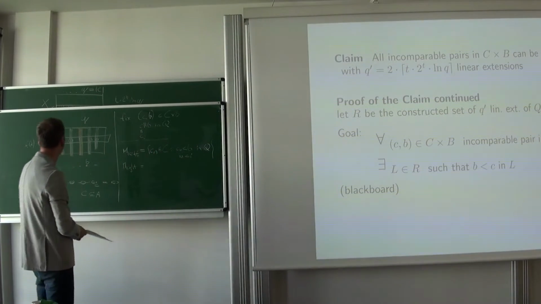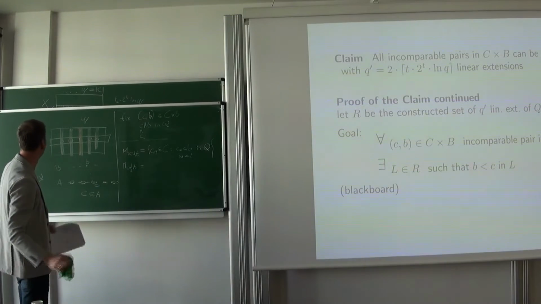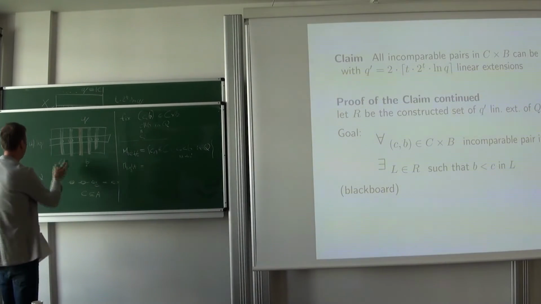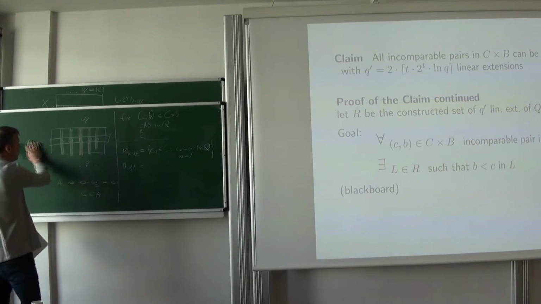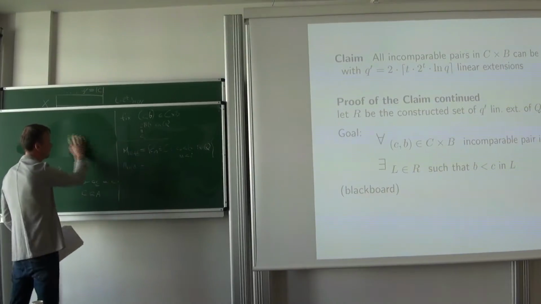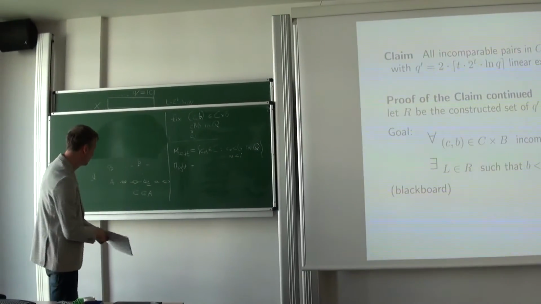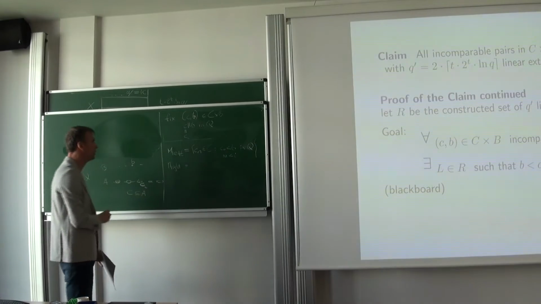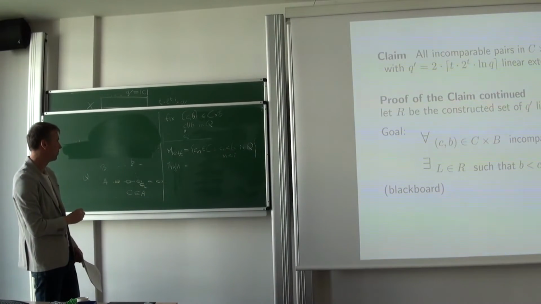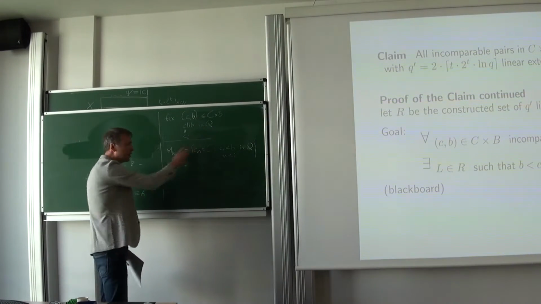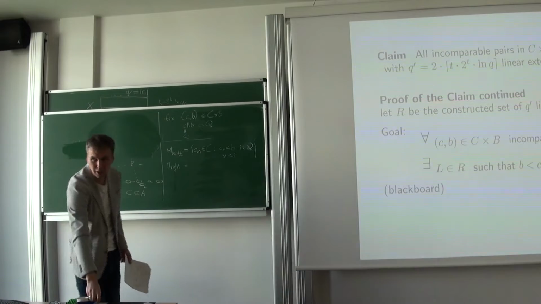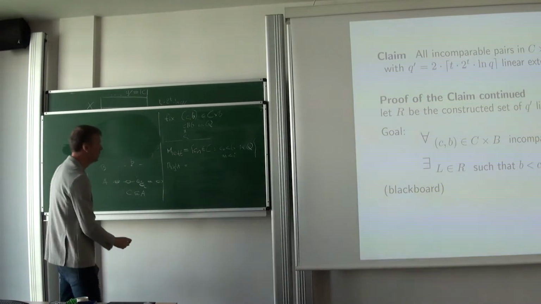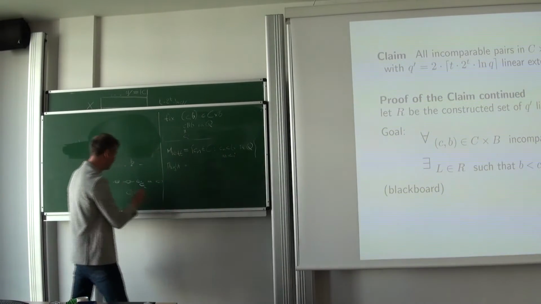So what do we have here? We have an element Ci that we are looking at, and we are collecting other elements from C, so other yellow elements, but those that are to the left.